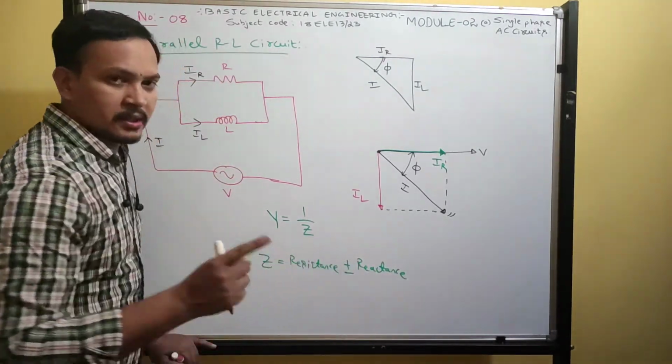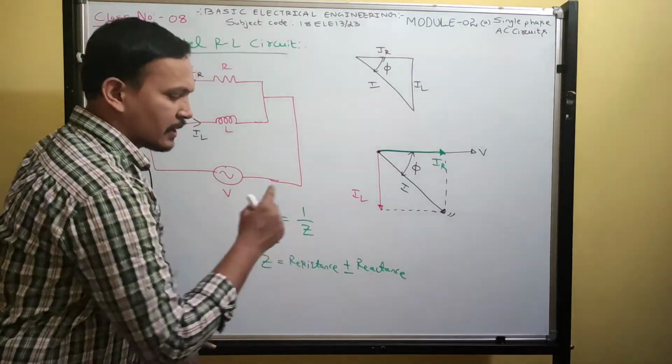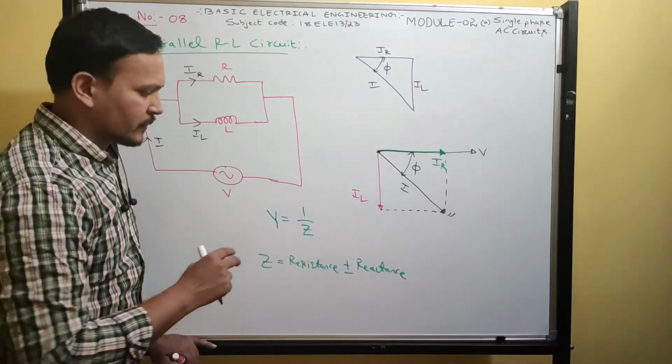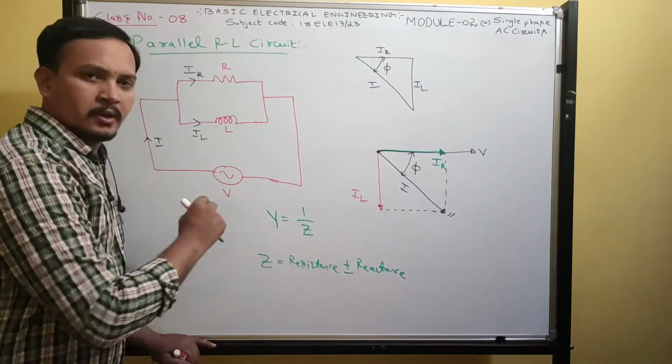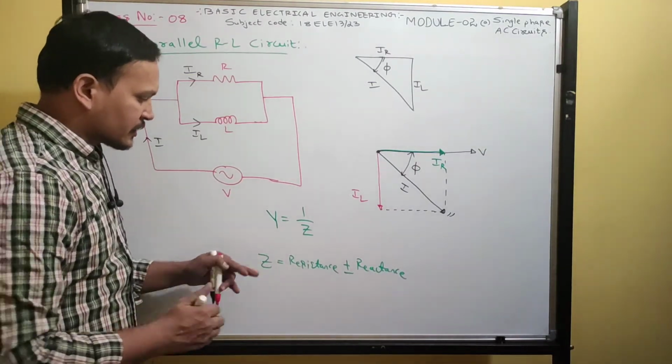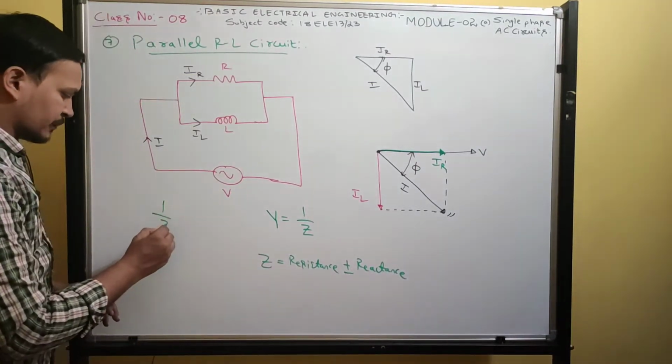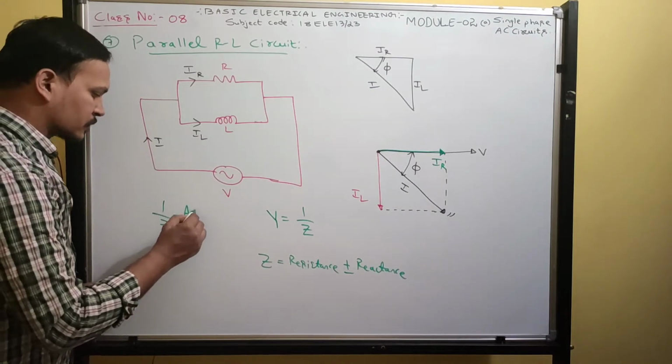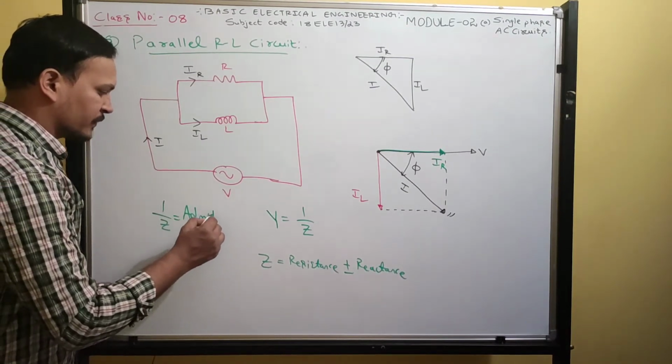Plus reactance is inductive reactance and minus reactance is capacitive reactance. These are the possible components of impedance. If I take the reciprocal of impedance, it is called admittance.